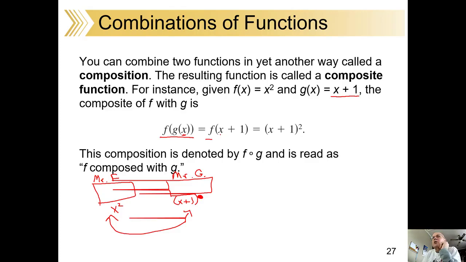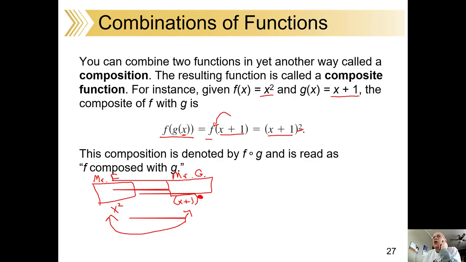So the result of x plus 1 is what the f function is going to see. Now what does the f function do? The f function squares whatever it gets. This is what f gets. This is what f does.